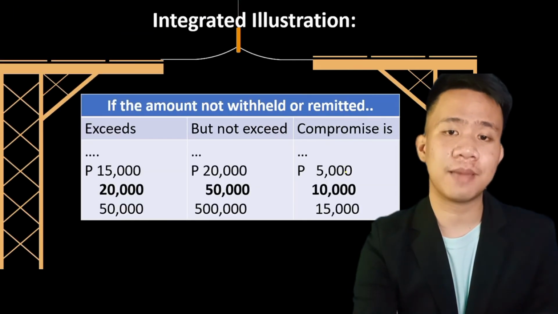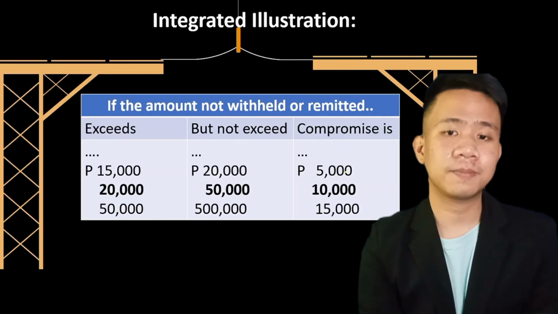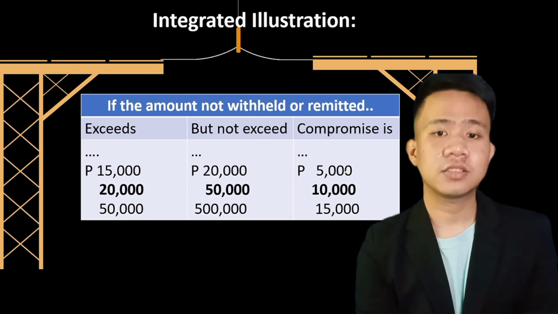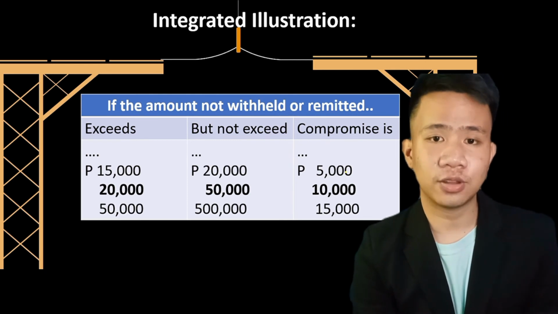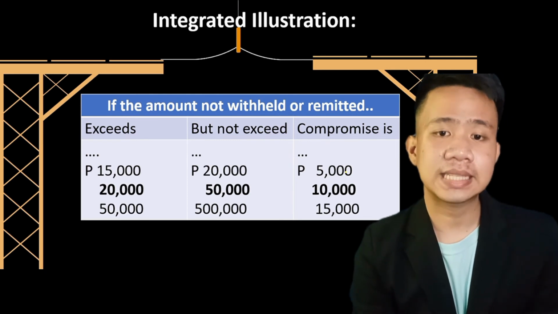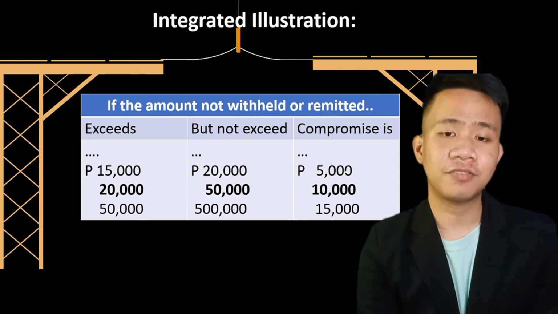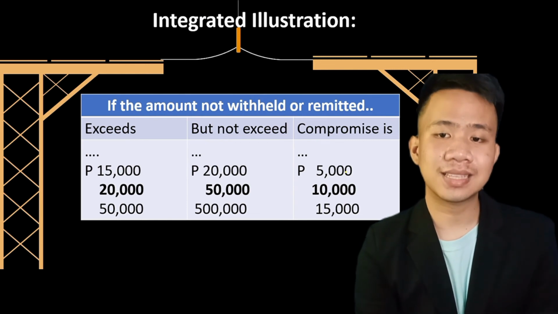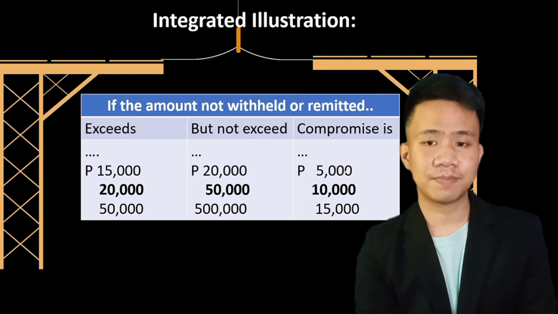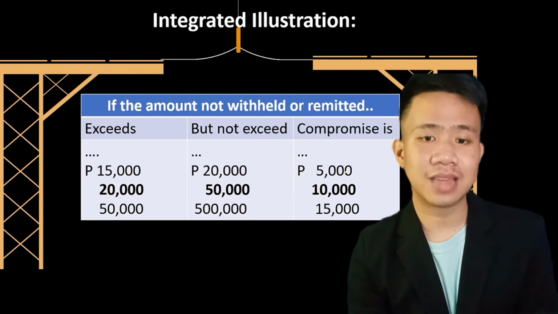So this is the table for the compromise penalty. So if the amount not withheld or remitted exceeds 15 pesos but does not exceed 20,000 pesos, the compromise is 5,000.